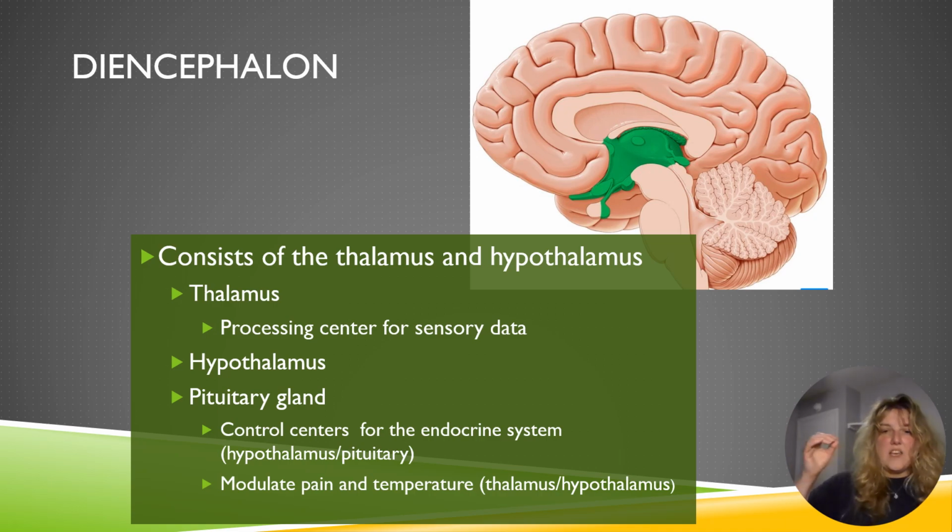So if you think about it, that's how you're connecting the decisions between the nervous system, that electrical component, versus when the chemical component should kick in. So that pituitary gland is the control center for the endocrine system. That's the connection between the hypothalamus and the pituitary gland together.